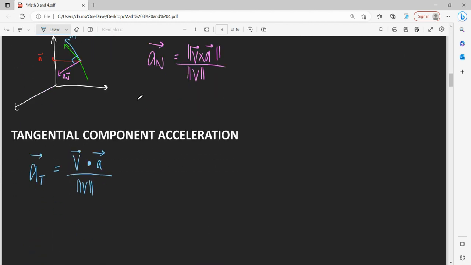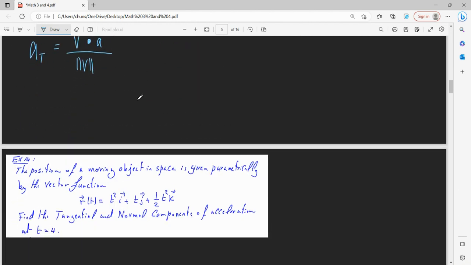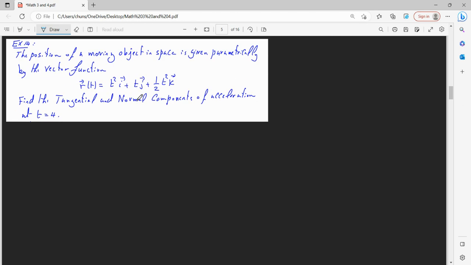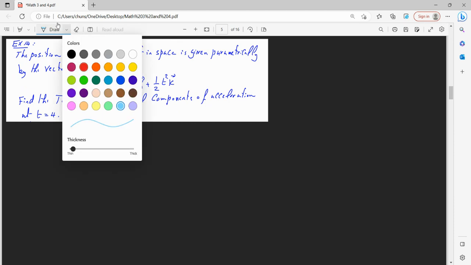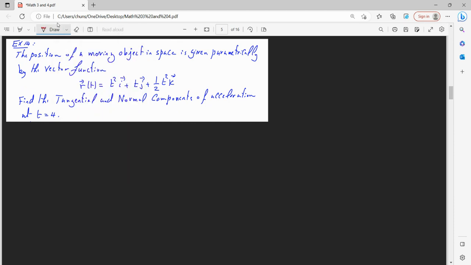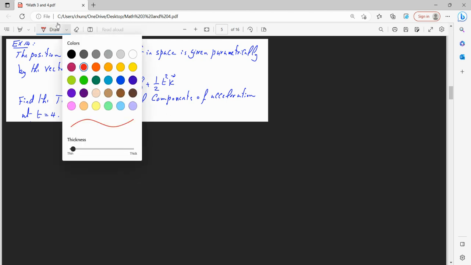Quite a few steps are involved when we actually solve these, so we're going to go through a couple examples and work from the start. This question wants the tangential and normal components of this space curve. So let's write out what we're given.